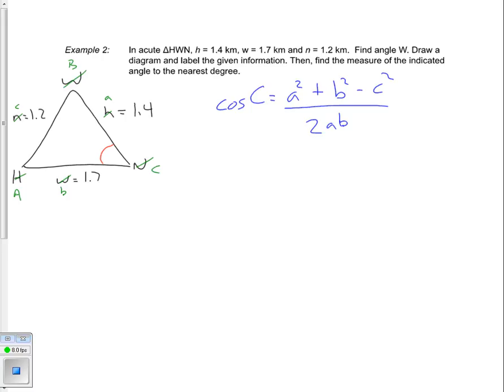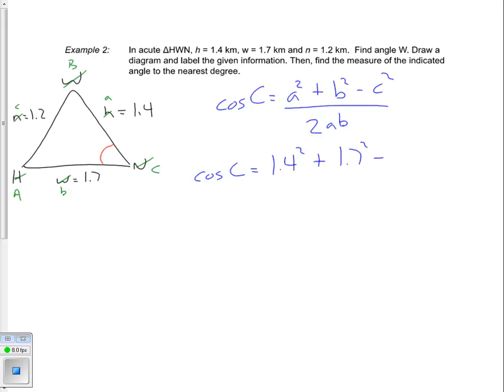Now what we're going to do is substitute in the values that we have. We've got cos C is equal to A squared. A is 1.4, and that number is being squared. B is equal to 1.7, and that number is being squared.